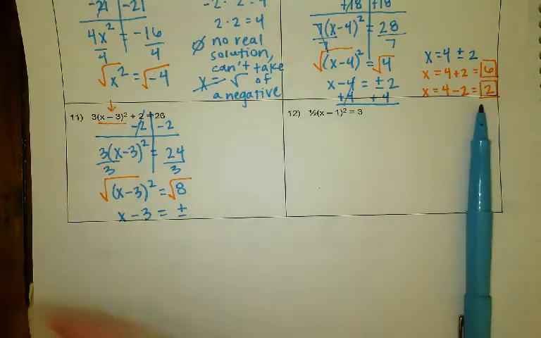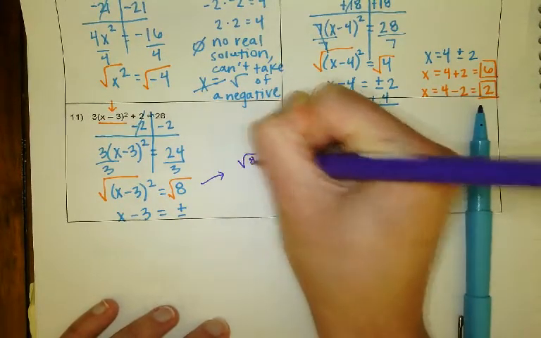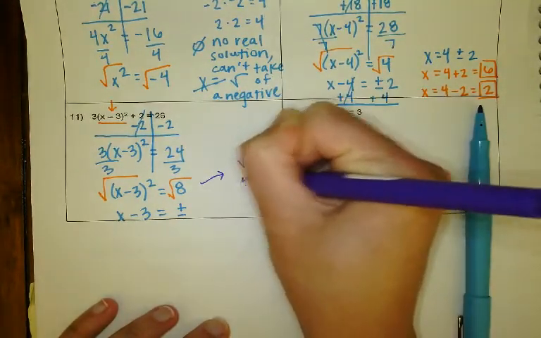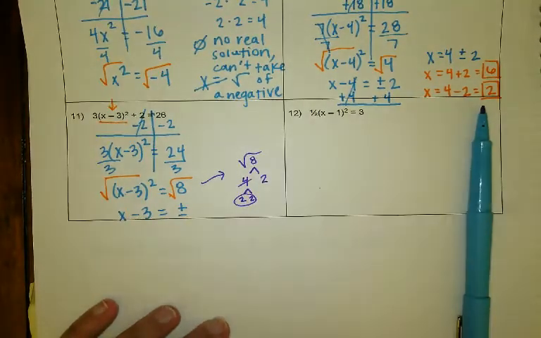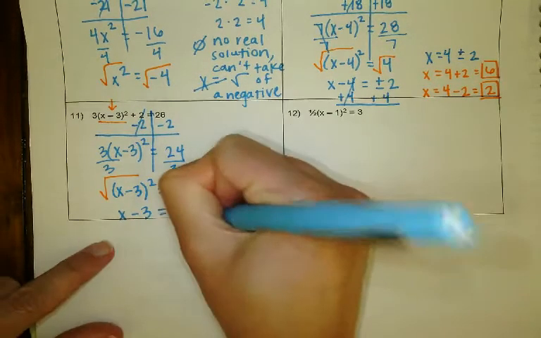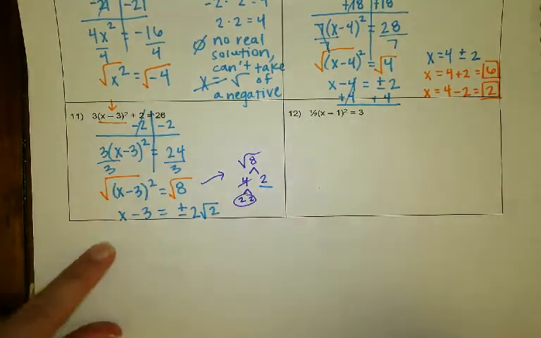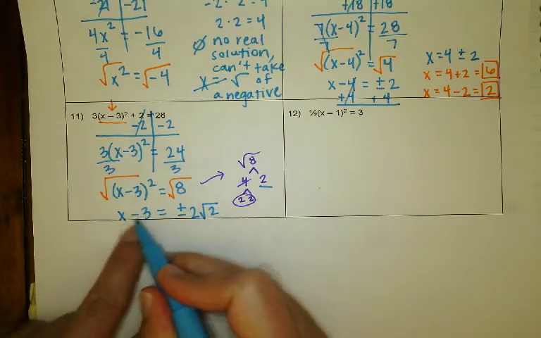So let's go to the side and simplify the square root of 8. 4 times 2, 2 times 2. So I have a pair of 2's and a leftover 2.